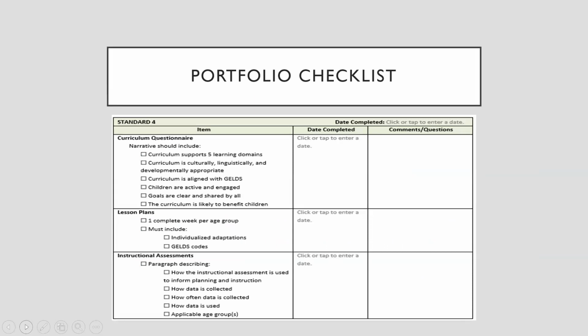The Child Care Resource and Referral Agency has created a resource for you to help guide you through each standard called the Portfolio Checklist. Please ensure you request the Portfolio Checklist from your coach.